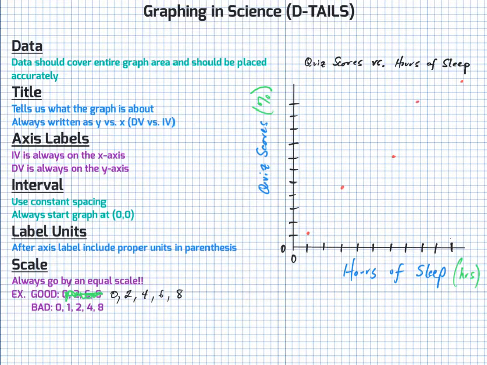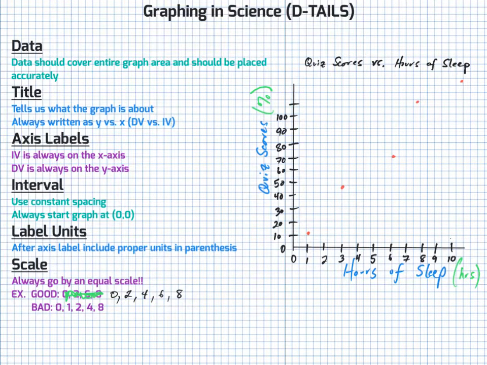For hours of sleep, let's just go by 1: 1, 2, 3, 4, 5, 6, 7, 8, 9, 10. And on our quiz score axis, or our y-axis, we'll go up by 10: 10, 20, 30, 40, 50, 60, 70, 80, 90, and 100.